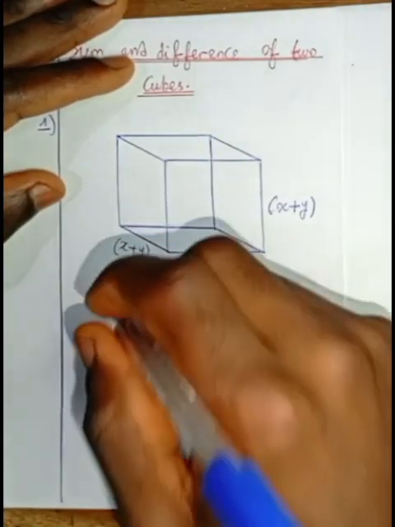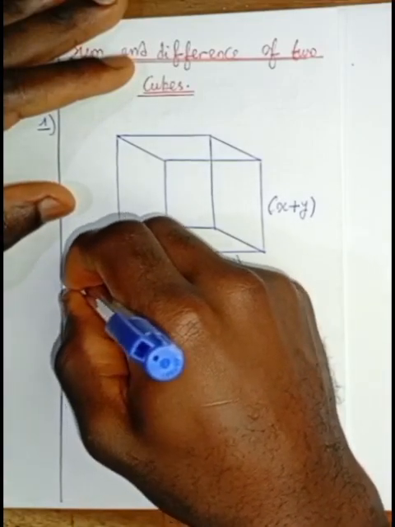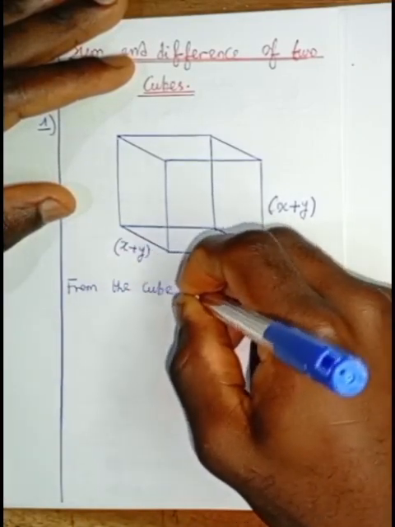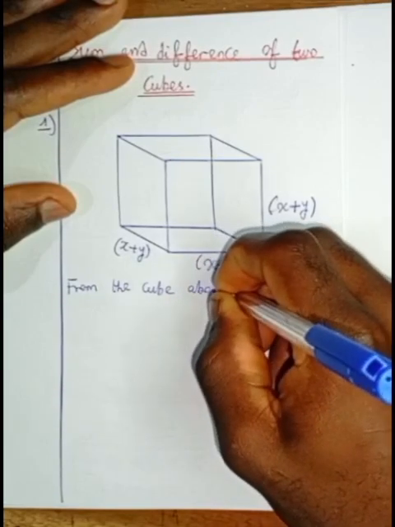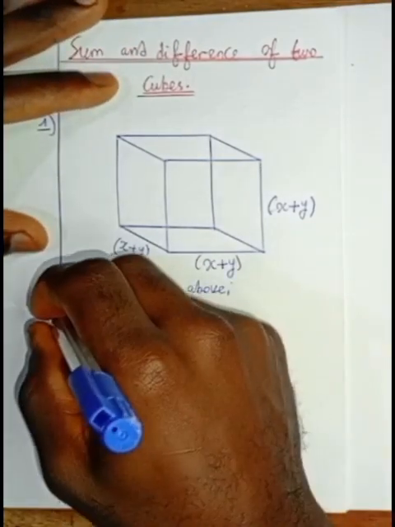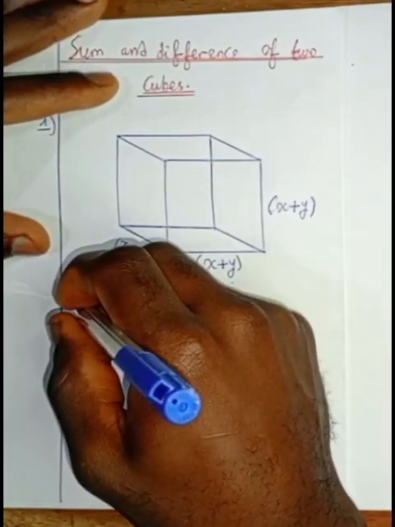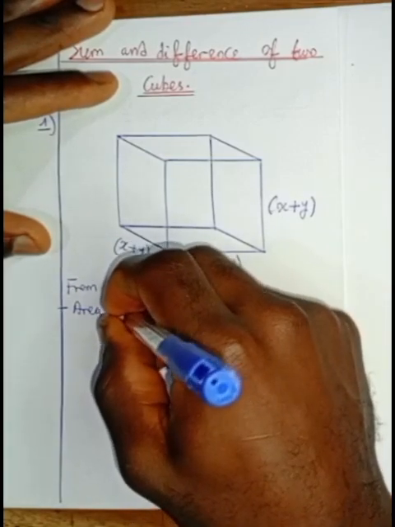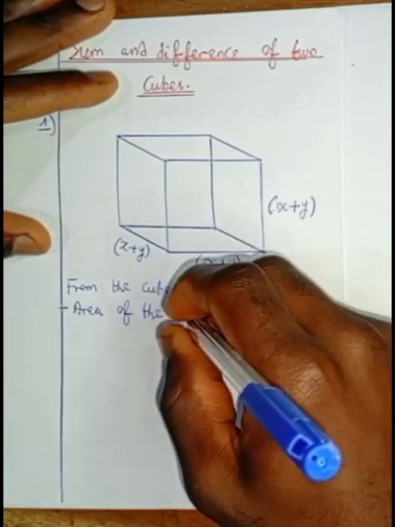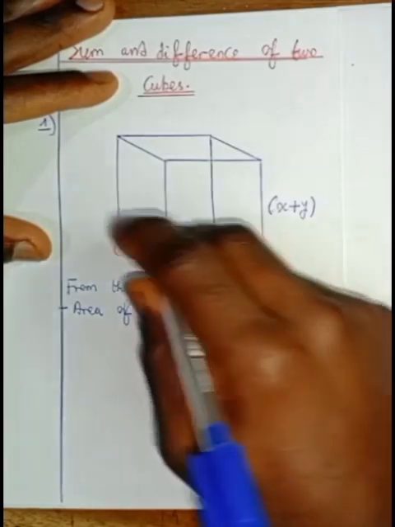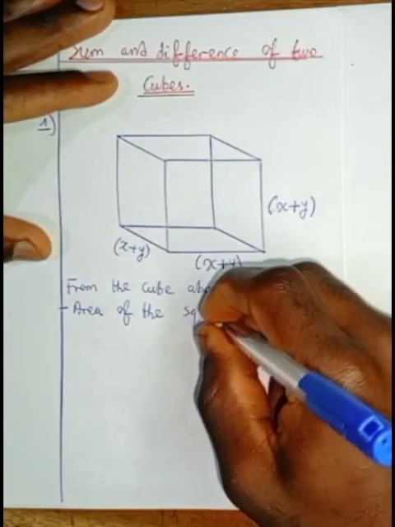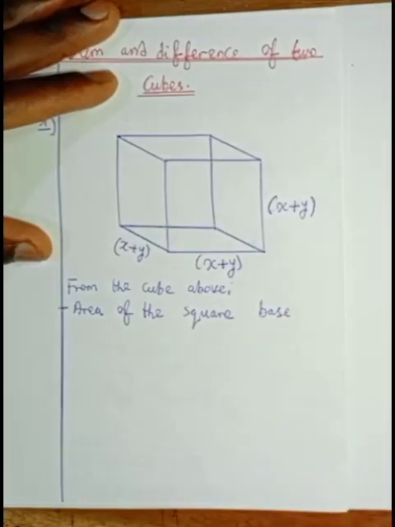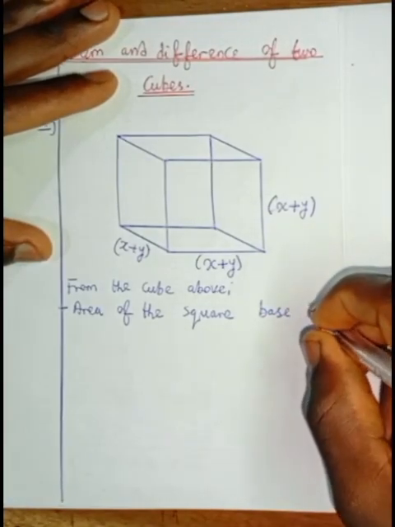Now from the cube above, first we know the area of the square base. This floor is a square.